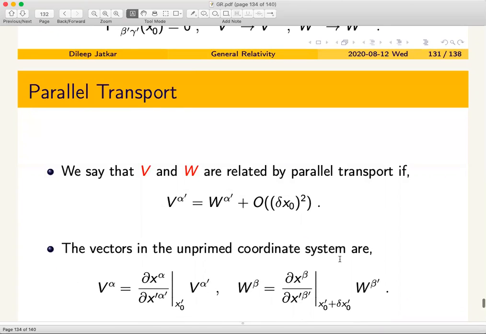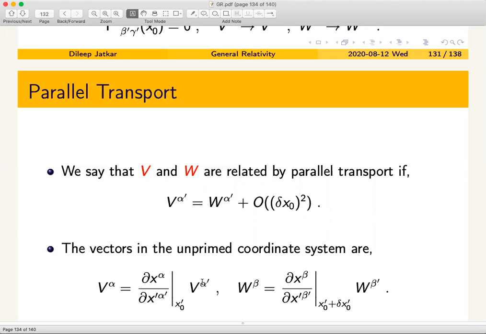Now, we can write down the vectors in the unprimed coordinate system in terms of vectors defined in the primed coordinate system through their transformation property, which is given here: del x alpha by del x prime alpha prime times v of alpha prime. But since these vectors are defined locally, this transformation property has to be evaluated at the point at which the vector is defined.